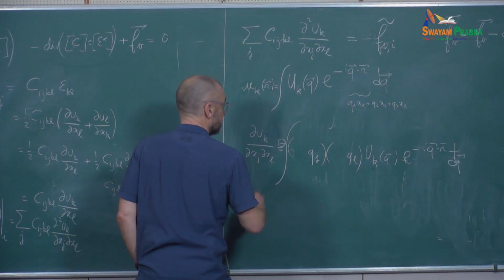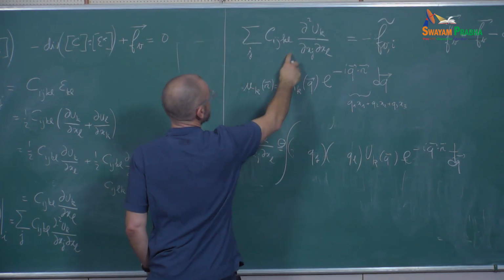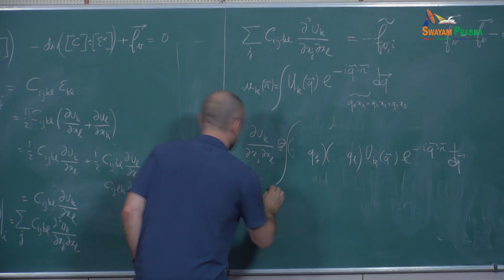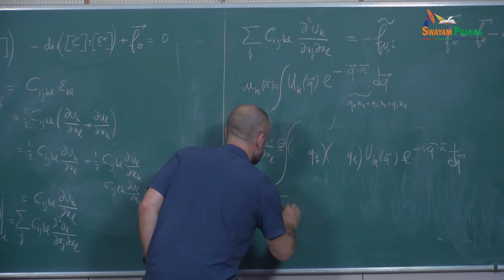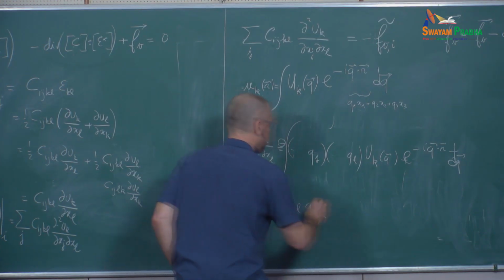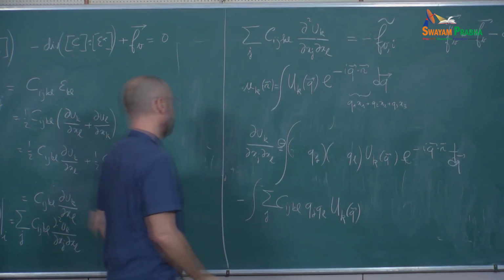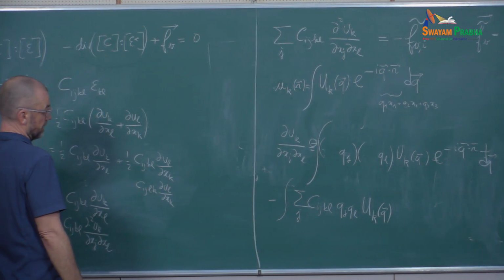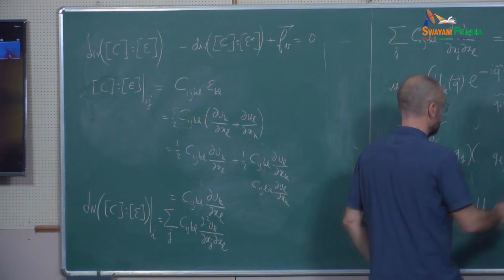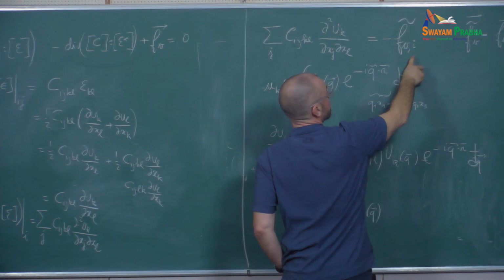So here, this is linear, so I can put it inside the integral. I have a minus integral, sum over j of Cijkl, qj ql uk of q. And then I can also take the Fourier transform of this term here.